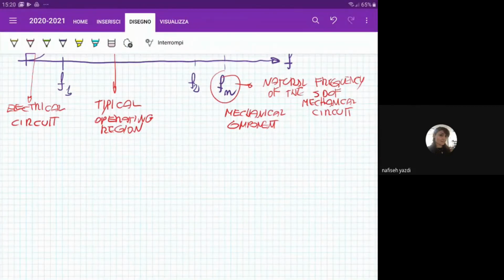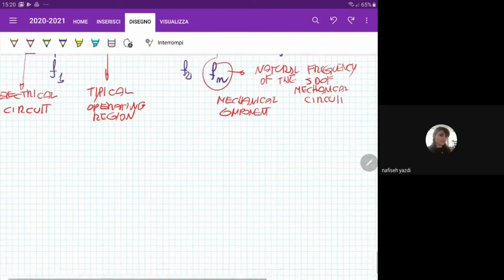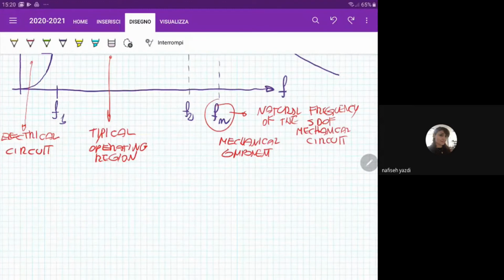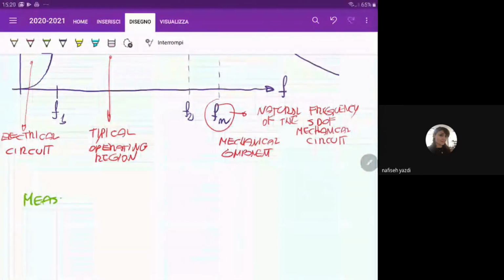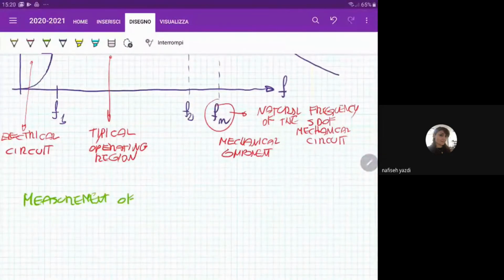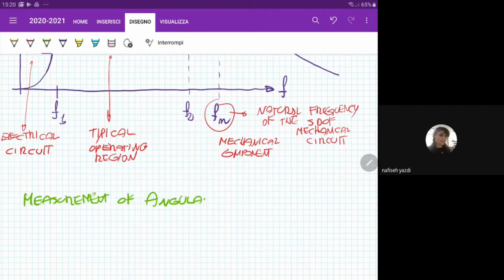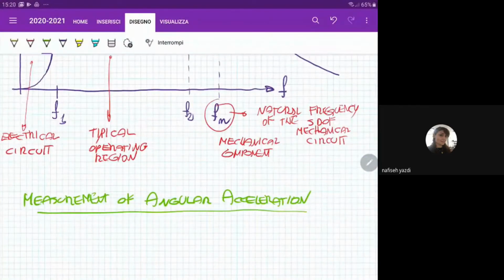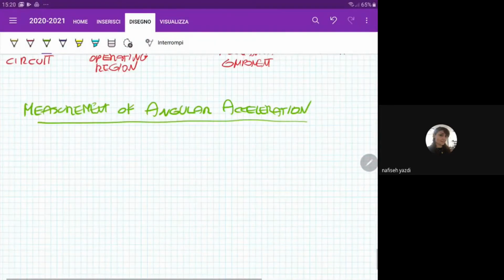So when referring to the measurement of angular acceleration, we are in trouble.